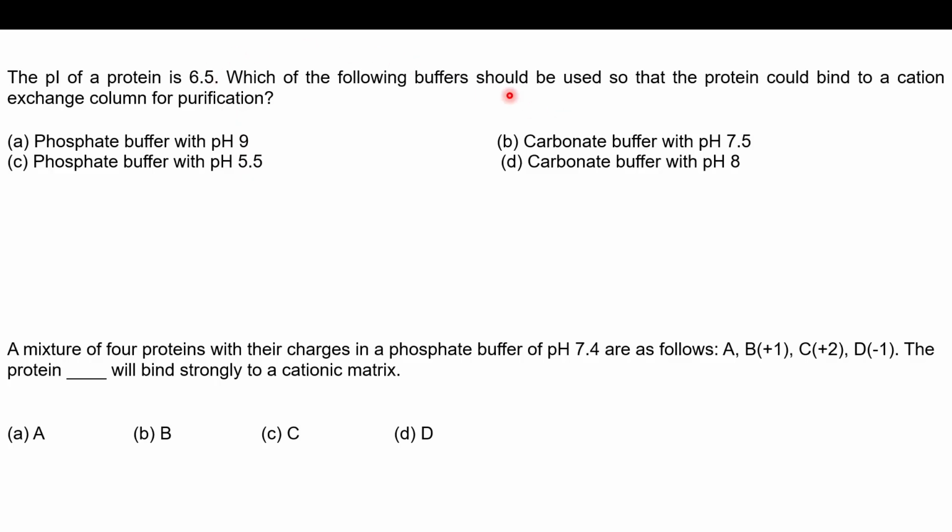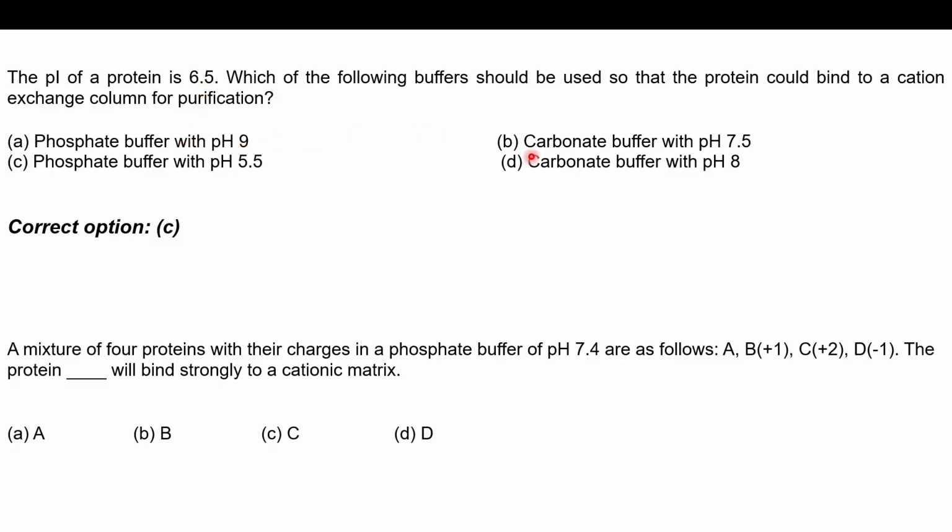So if the protein has an isoelectric point of 6.5, then it should be positively charged for it to bind to this negatively charged matrix, right? Which kind of pH will render a positive charge to this protein? Anything which has to be positively charged, the pH should be less than the pI value.